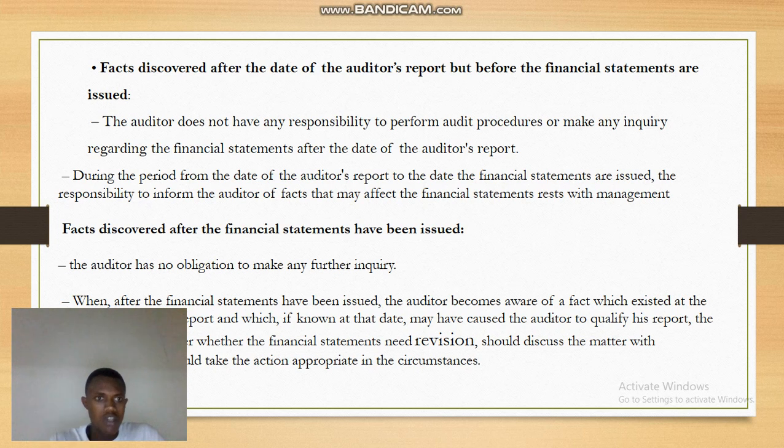Now, when you discover a fact after the financial statement has been issued, the auditor also has no obligation to make any further inquiry. We need to understand this point.